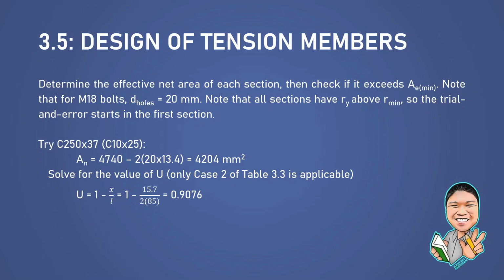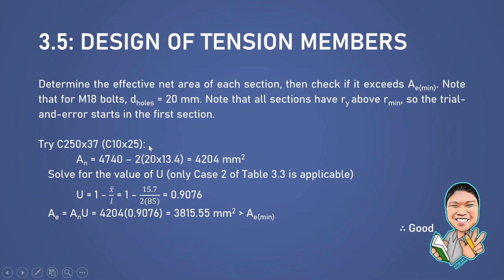Ang U natin is 0.9076. So, yung AE is equal to ANU, which is 4204 times 0.9076. So, unang trial pa lang, swinerte na tayo na yung 3815.55 class is greater than the minimum net area. So, therefore, safe agad to.